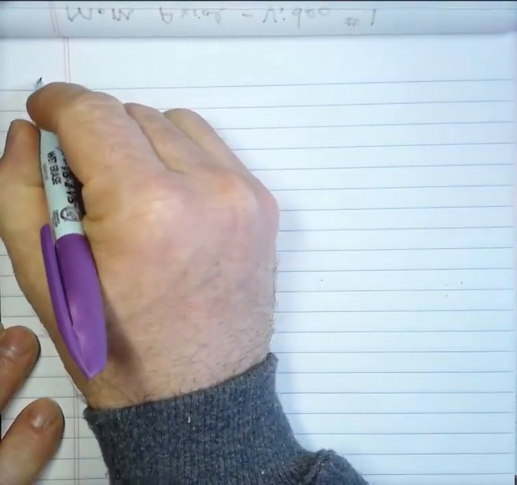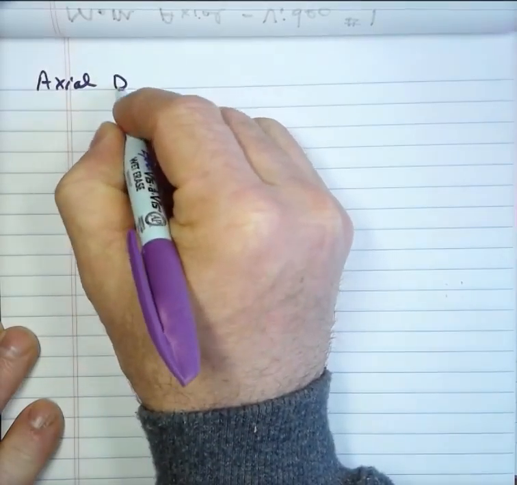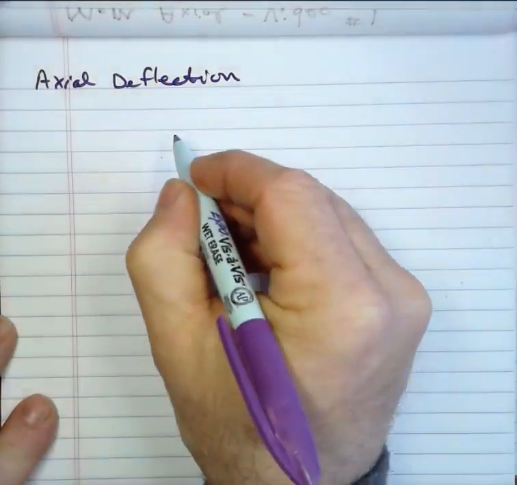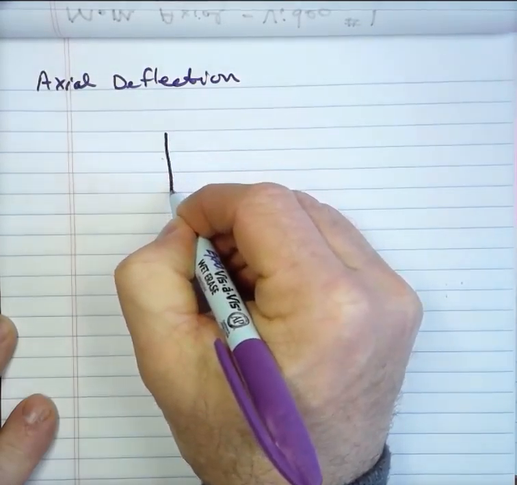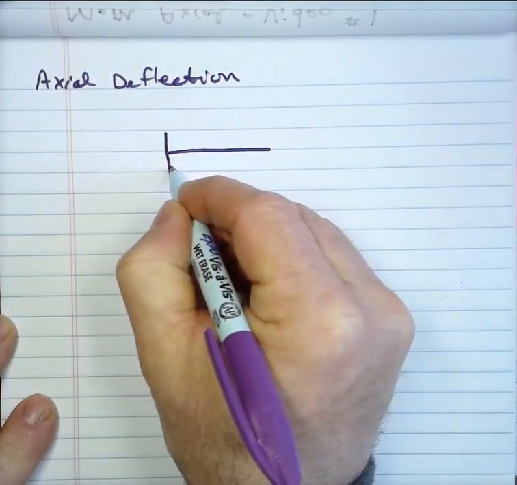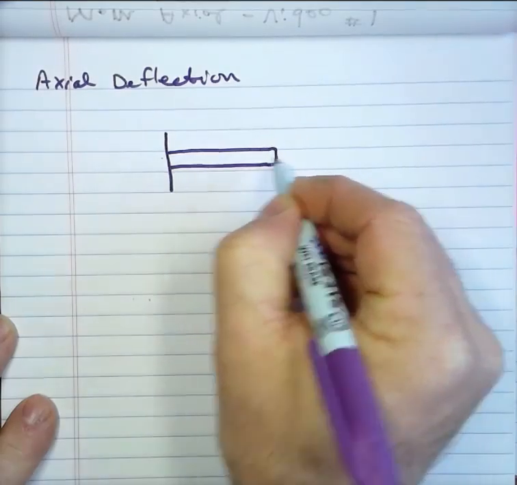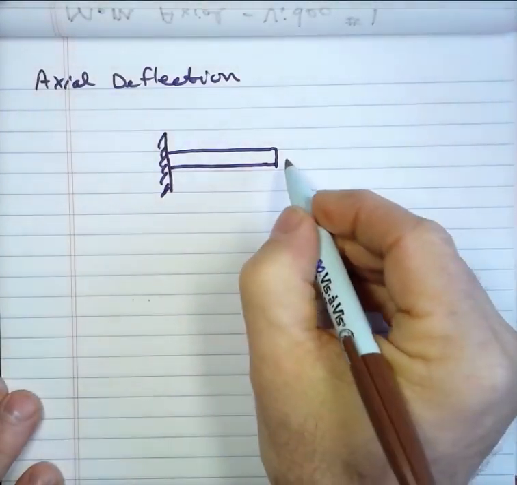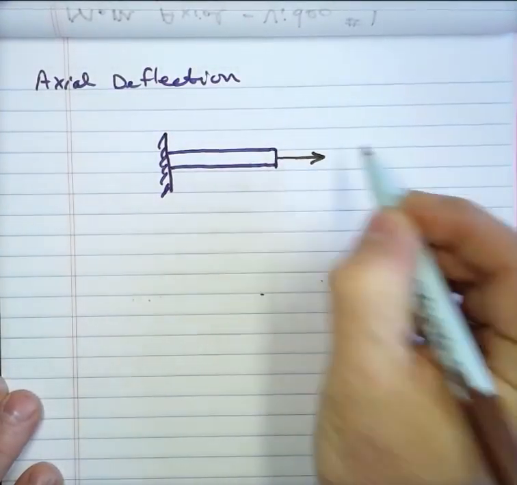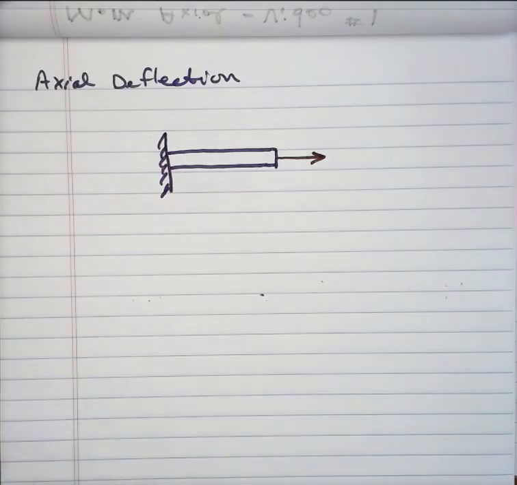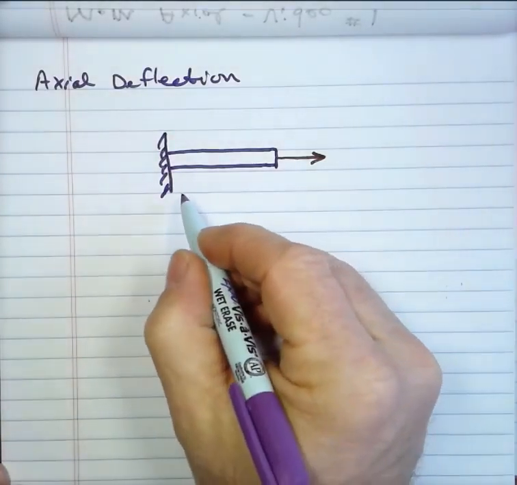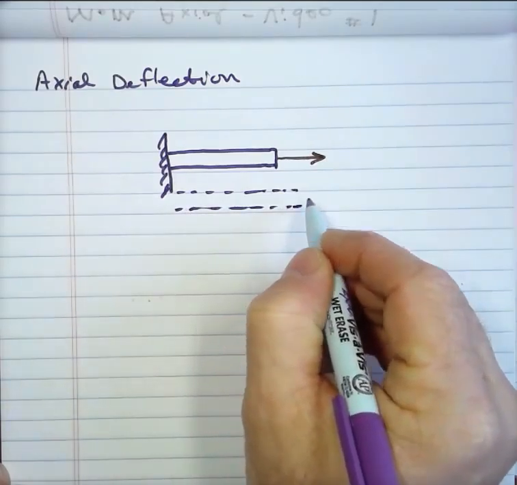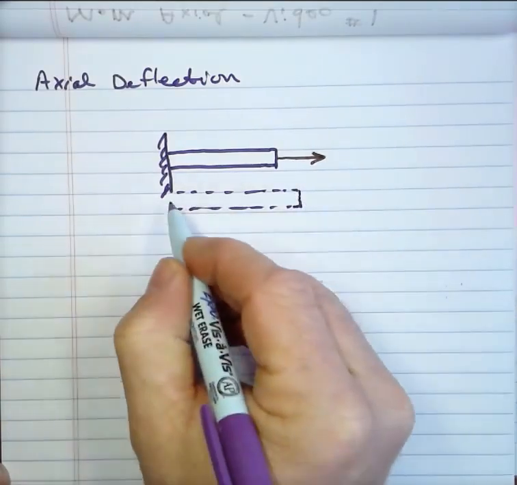So the next thing we're going to look at is axial deflection. So let's take an object, let's connect it rigidly to a wall, so this wall can't move, and we'll apply a force on the object, and what happens is the object actually gets, in this case, longer.